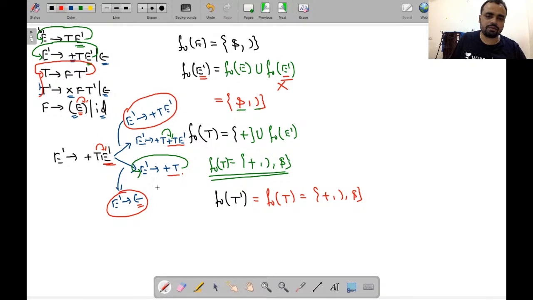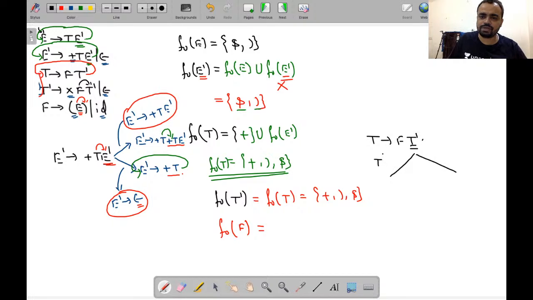Okay. Now let's try to find out the follow of f. So my dear friends, what is the follow of f over here? The follow of f is the t dash. So just write the production t to f t dash. Now this t dash can be reduced in two different ways.